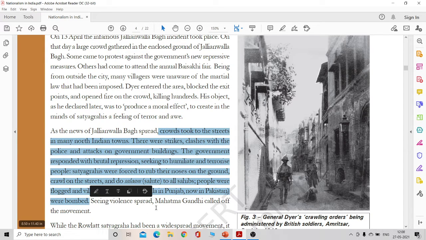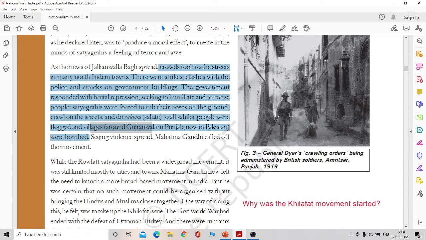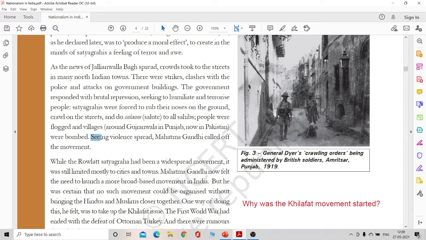Now, overtly we saw that because the Jallianwala Bagh massacre was so unprovoked and so cruel in nature, people started moving away from being non-violent, and violent incidents started cropping up. And that is the reason why, seeing the violence, Mahatma Gandhi called off the movement.